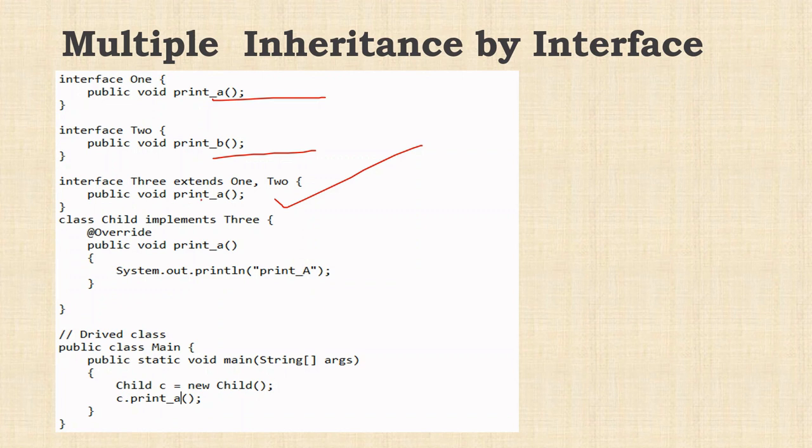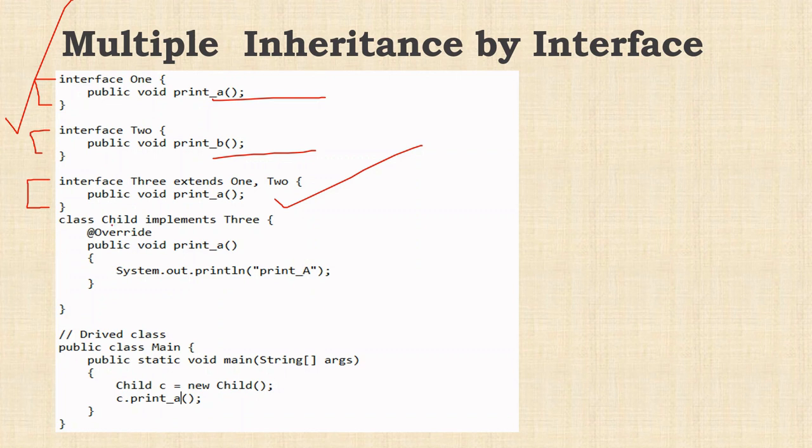This is the base interface, and this will be the extended interface. So we can achieve multiple inheritance like this with the help of interfaces in Java.